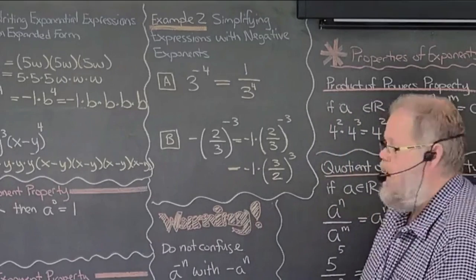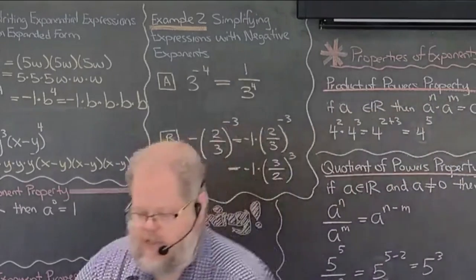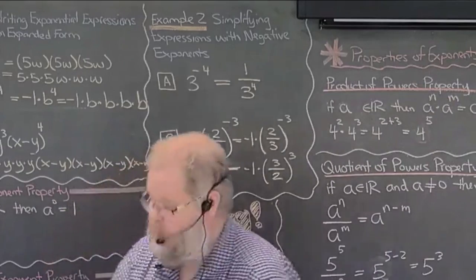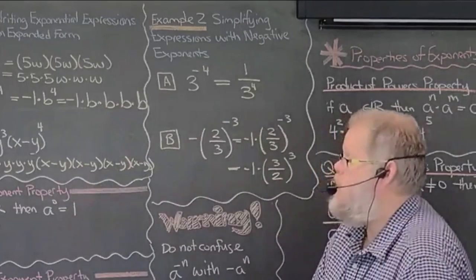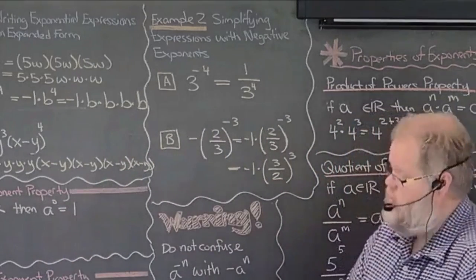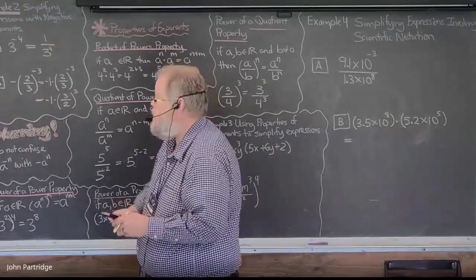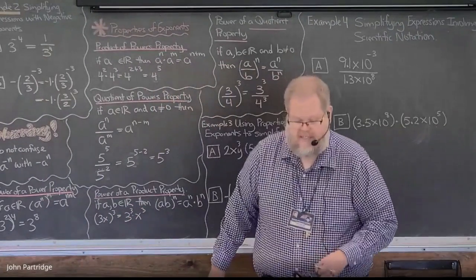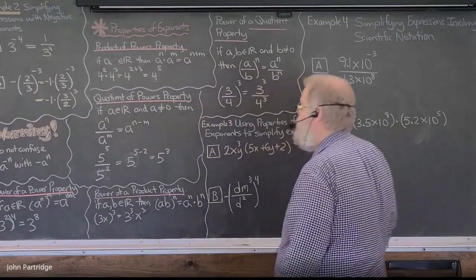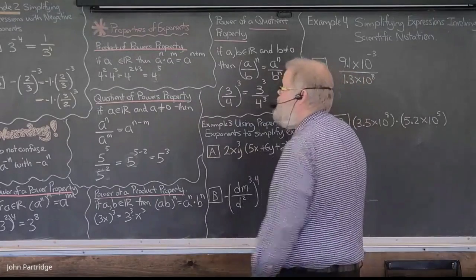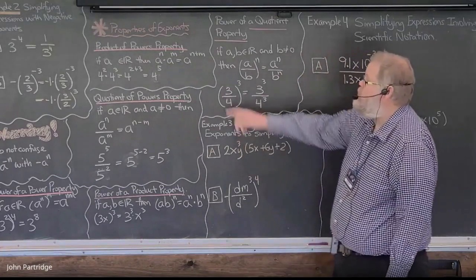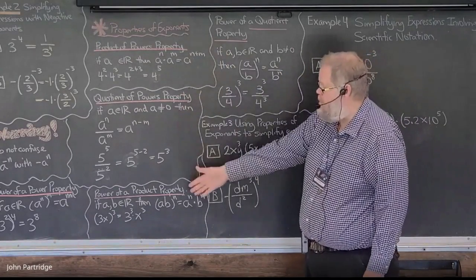Okay? All right, so we've talked about our first 2 properties. Now we're going to get into our next 5 properties. So again, we have a total of 7 properties in this lesson. We've got to talk about the properties of exponents, all 5 of these.